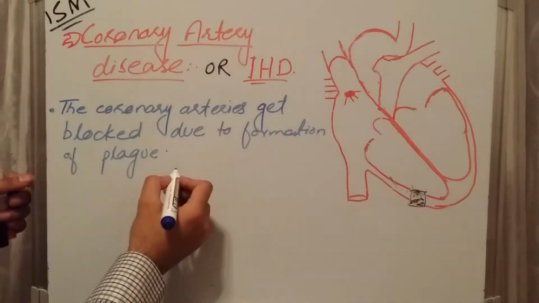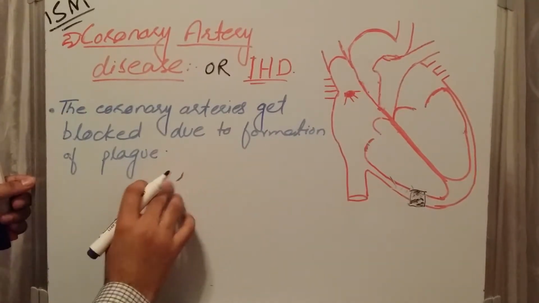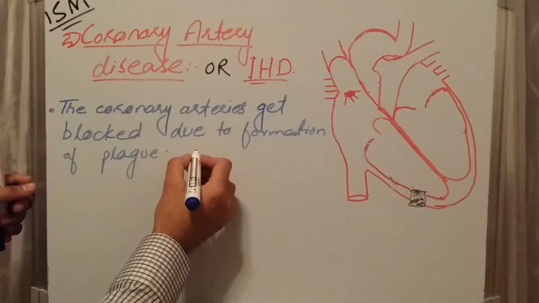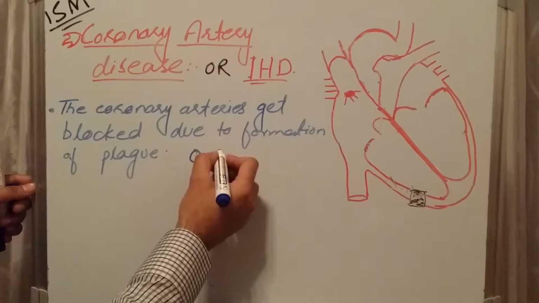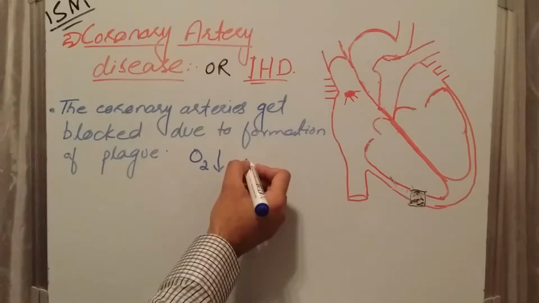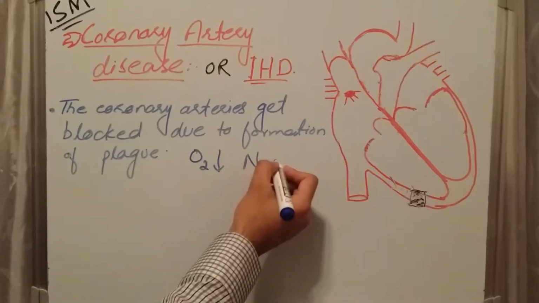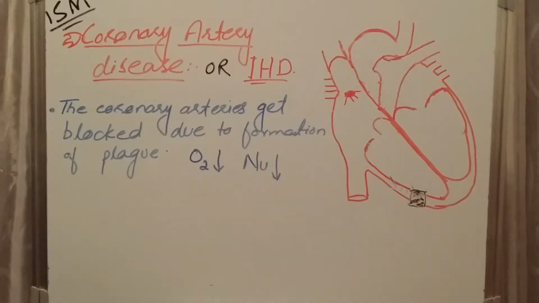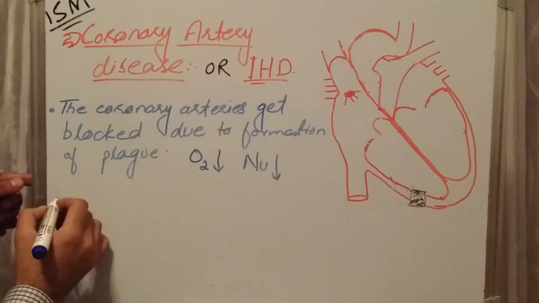So what happens here is that, due to plaque formation, oxygen to that area decreases, and the nutrients provided to that region also decrease, and this causes a pain in that particular region, which is called angina.